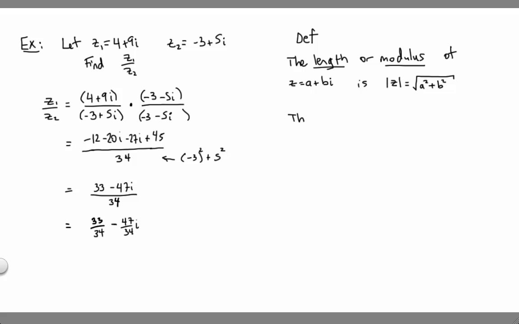So we're going to define the principal argument. Principal argument, really just a fancy way of saying angle. So again, let's say we're talking about the complex number z equals a plus bi. And we're going to define notation for the principal argument. We'll call it theta, since really what it is is an angle.